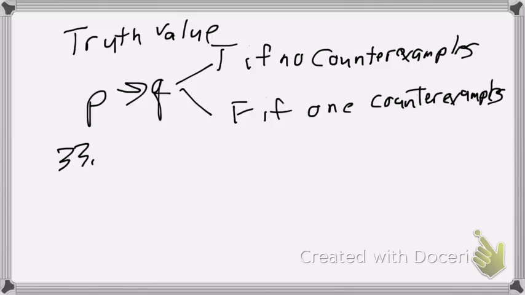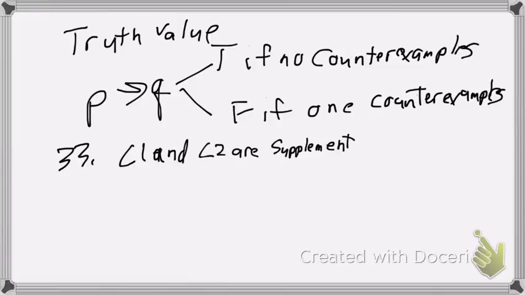Look at 33, and it says angle 1 and angle 2 are supplementary. Now we should all know that supplementary means that they add up to 180 degrees. And so we say that 1 and 2 are supplementary, so one of them is acute. And this is one of those examples that I told you about.